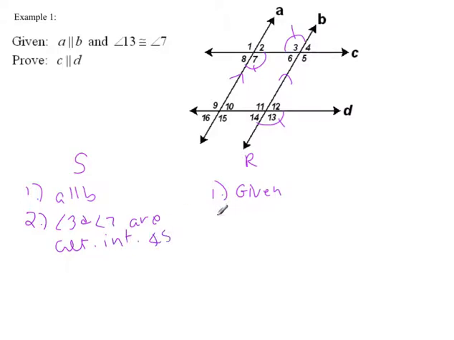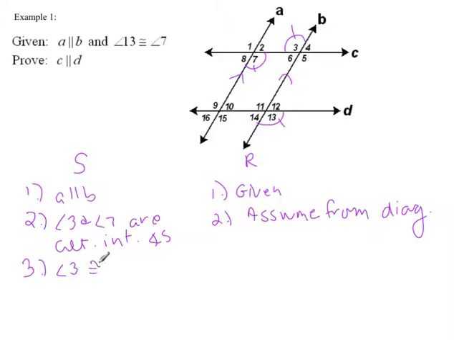And the reason for that is assumed from diagram. Okay, now that I've done that, I'm able to say that angle 3 is congruent to angle 7.